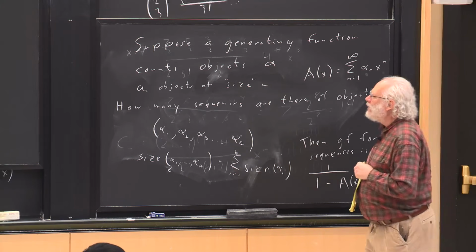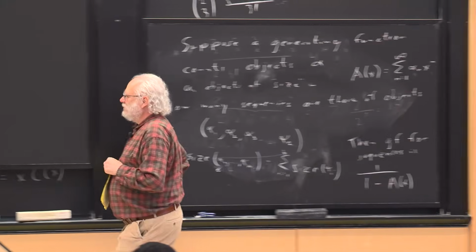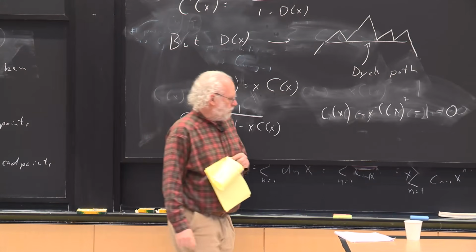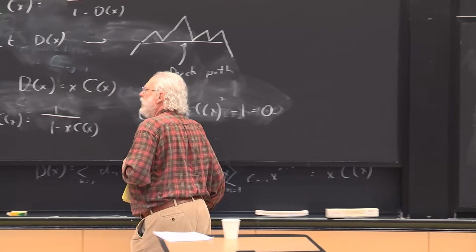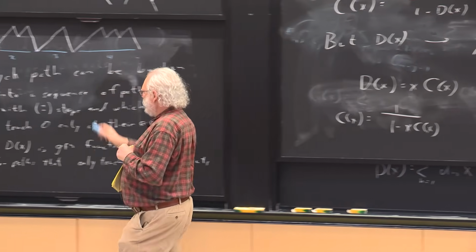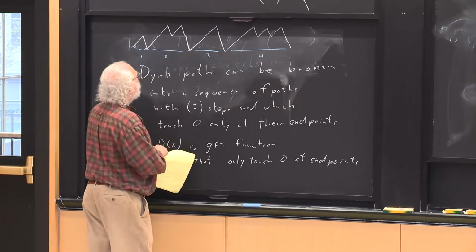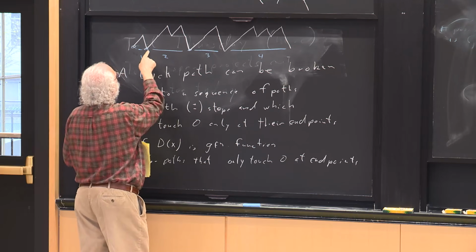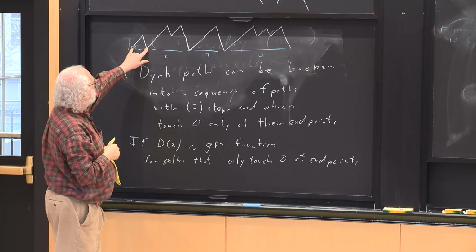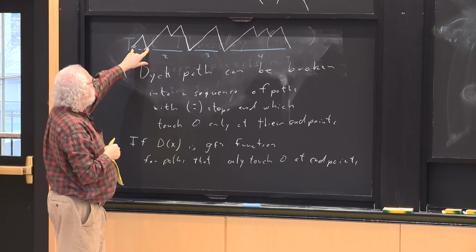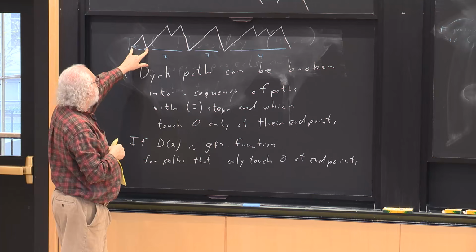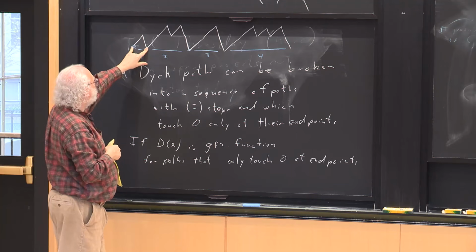Okay, so how does this work for Dyck paths? Well, any Dyck path is just a sequence of raised Dyck paths. So here, the Dyck path is the empty path. So the raised Dyck path has length 2 and size 1.